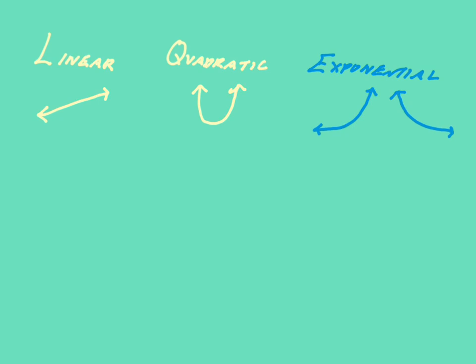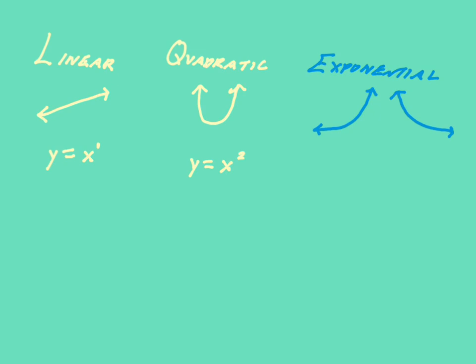Now, going back to a linear model, we know that linear models have to have something like y equals x, or we could have y equals mx plus b, but there has to be an x to the first. Quadratic models, on the other hand, have to be y equals x to the second power, and we saw that a lot when we factored, as y equals ax squared plus bx plus c.